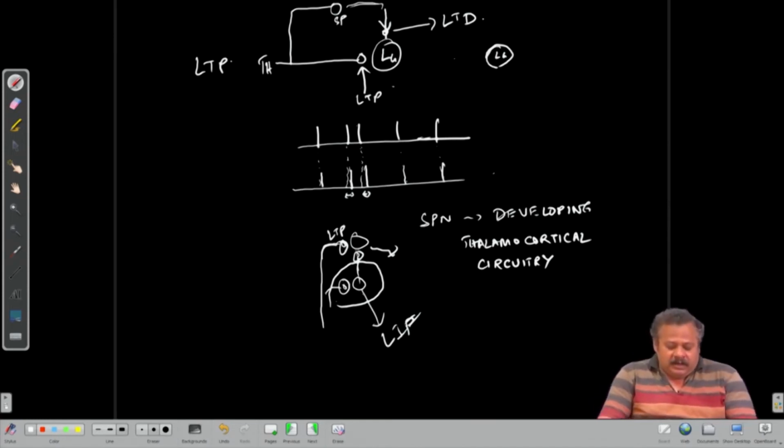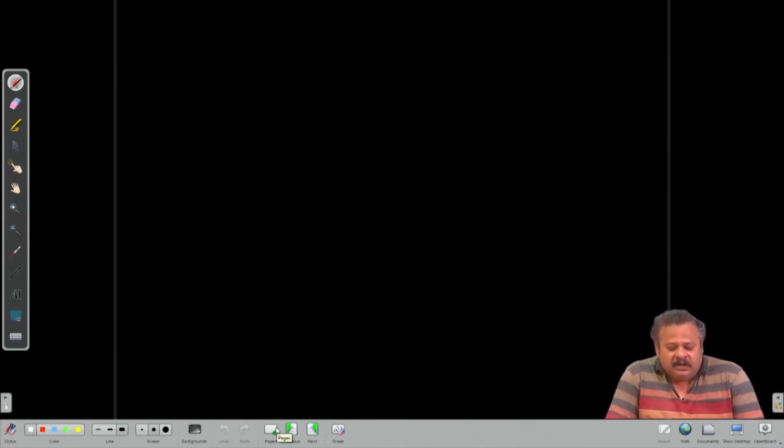So, continuing with the idea of the subplate and this long term potentiation and depression, another developmental plasticity that has been observed is the expansion of tonotopic area of a particular tone frequency.